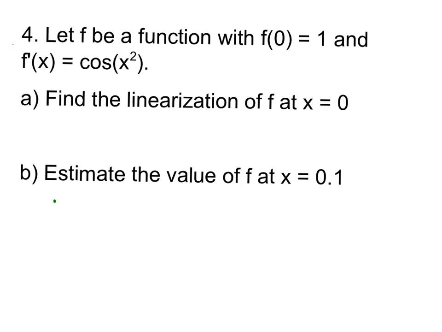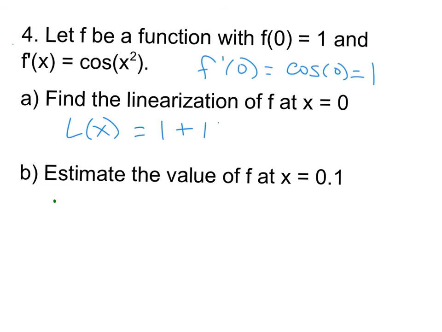All right, so we have (0, 1), and they're giving me the derivative. So that's not the original, that's the derivative. So then f prime of 0 to find our slope. That's cosine of 0, which is 1. So our linearization is our y value, which is 1, plus my slope, 1, times x minus 0.